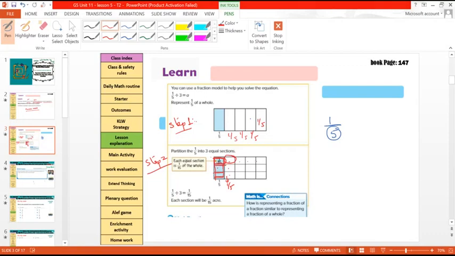These are 5 parts, and these are 5 parts, and these are 5 parts. So the total is 15 parts, and 1 out of it will become 1 over 15. So your answer is, each section will be 1/15th acre.